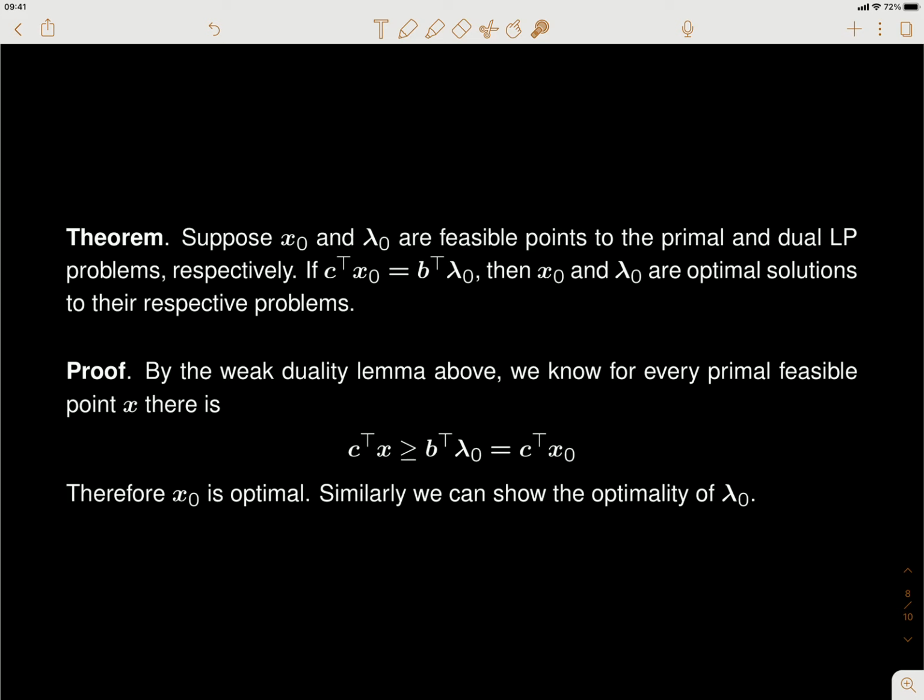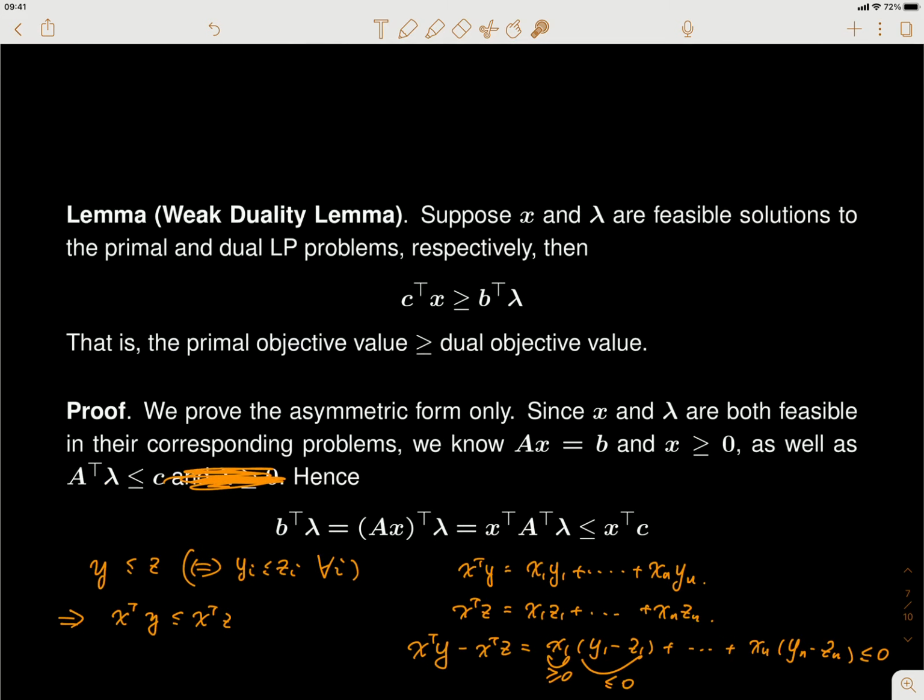And we can easily show that lambda 0 is also optimal for its own objective function, for its own dual problem. So that's the easy conclusion. Combining these two, we showed that if x and lambda are both feasible for their own problems, then this must be true.